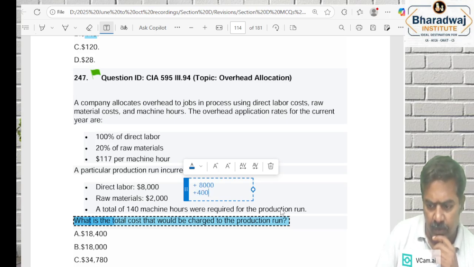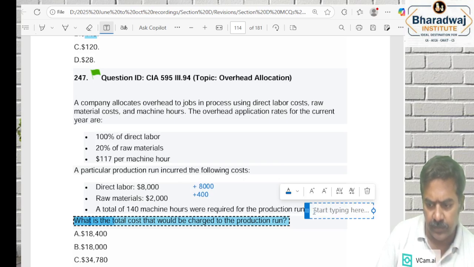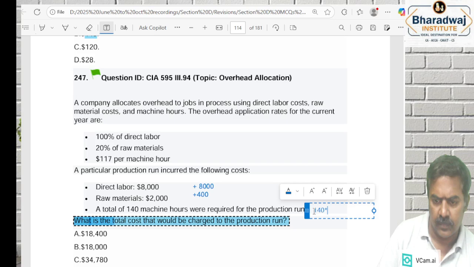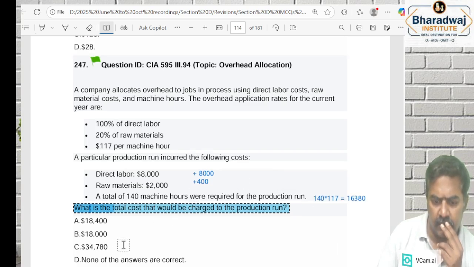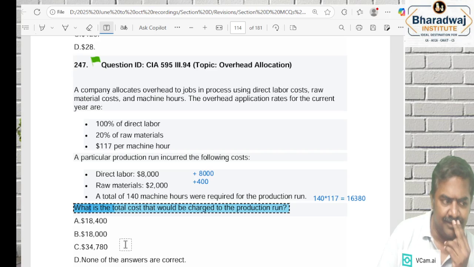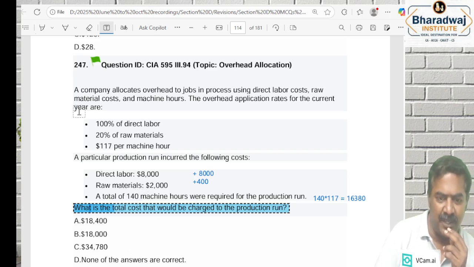This will be 140 into 117, which is 16,380. They ask you to find out overheads or total cost.